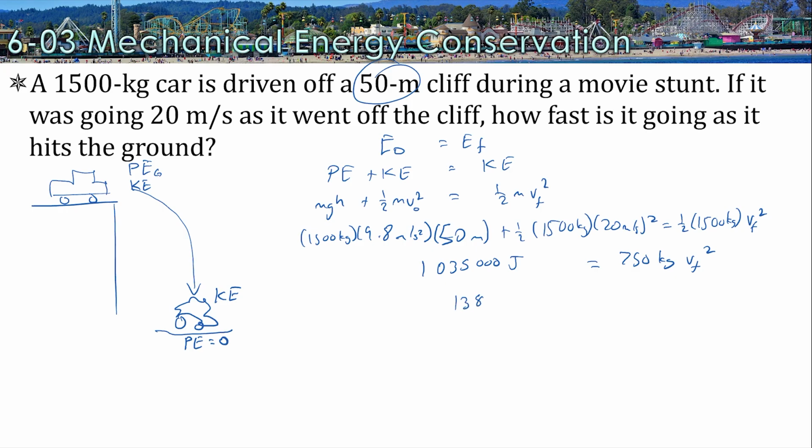We get 1380 meters squared per second squared equals vf squared. Square root that, and it'll be going 37.1 meters per second when it hits the ground. Which makes sense. It has sped up, and we know things speed up when they fall.